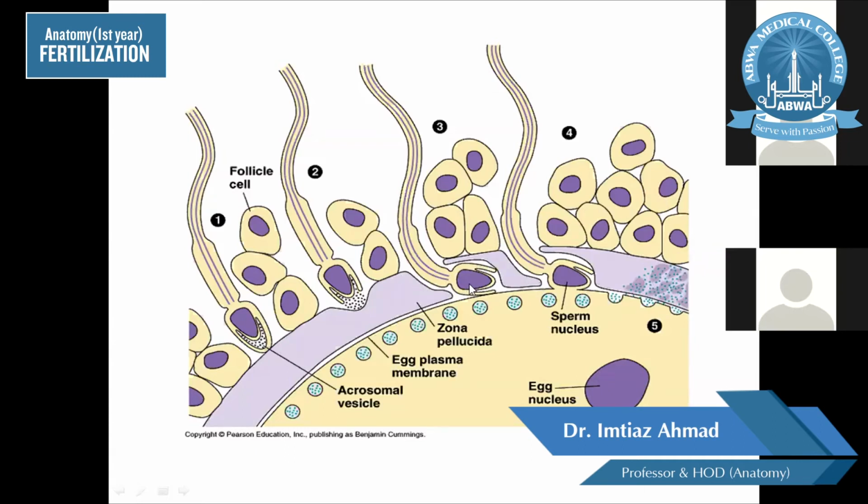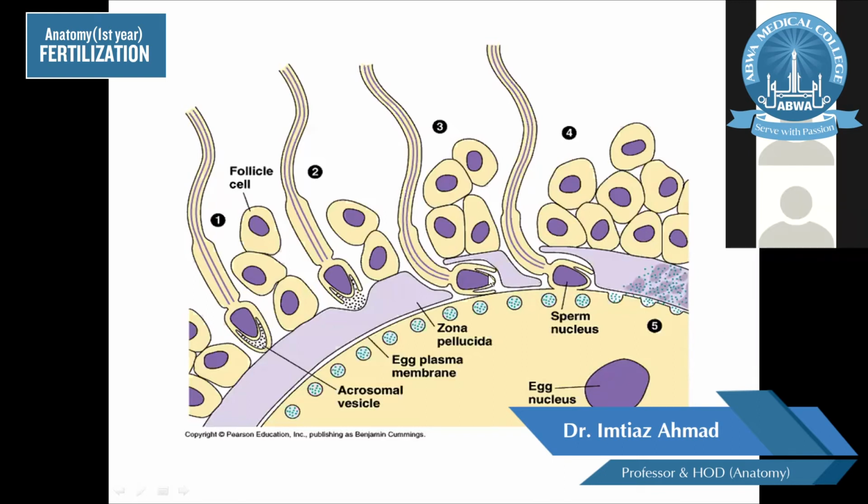When it has passed, it is the inner layer of the acrosomal cap, now forming basically the outer layer of the sperm head, that will make contact with the plasma membrane of the oocyte. That would dissolve, and the contents of the sperm would all go inside.